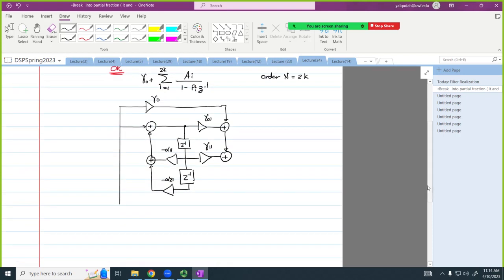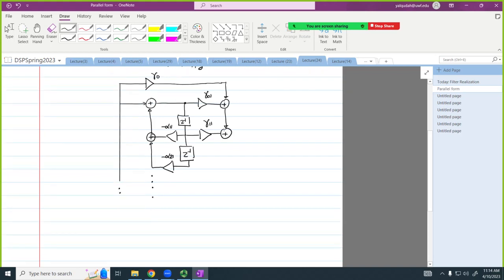Okay, so this is one of them, but we're going to have up to k of them. So we're going to have multiple of these all the way to the last one, which is going to look something like this.